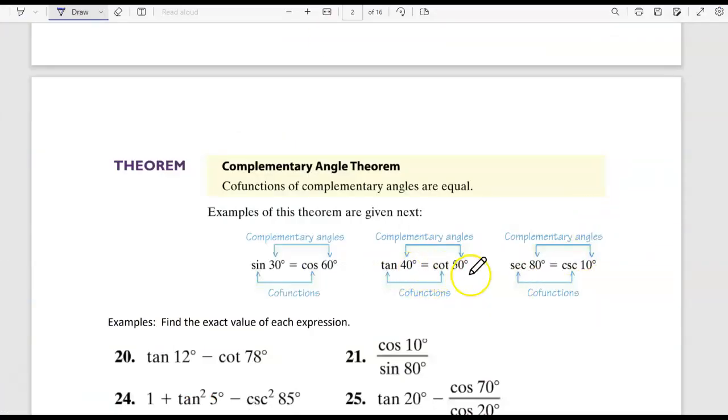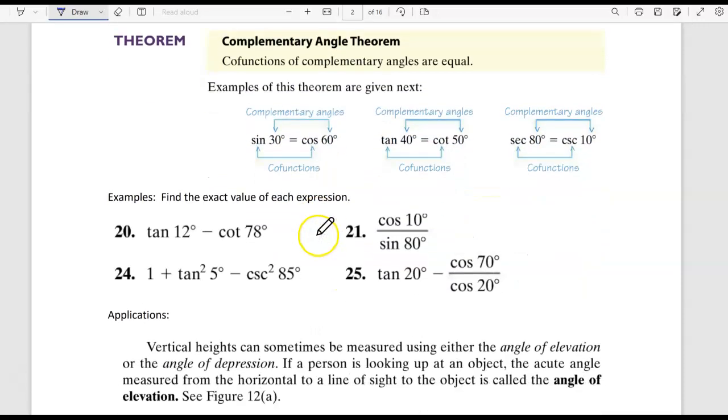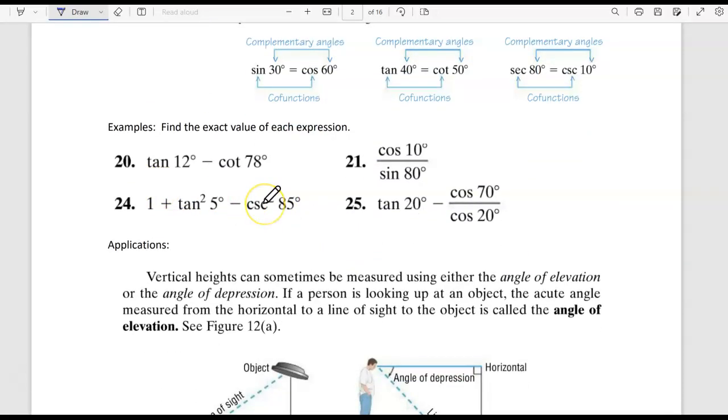Same thing with tangent and cotangent. They're going to be cofunctions of each other, and secant and cosecant are going to be cofunctions of each other. So as long as those add up to 90 degrees, then these guys are going to be equal. So let's look at some examples. Number 20, we've got tangent of 12 degrees minus cotangent of 78 degrees, and we're trying to figure out what that is. So what we know is that cotangent and tangent are cofunctions.